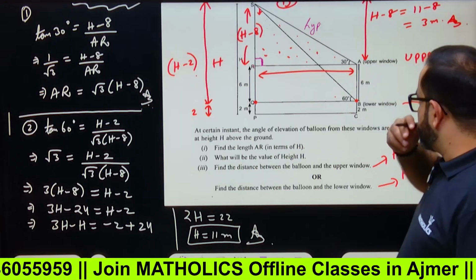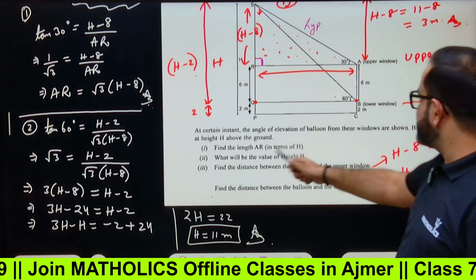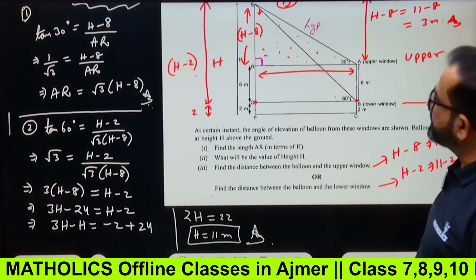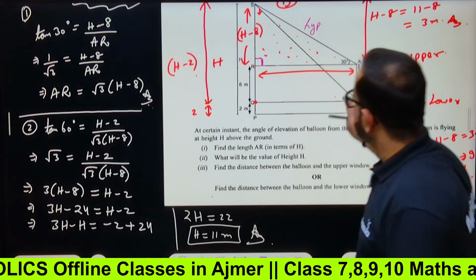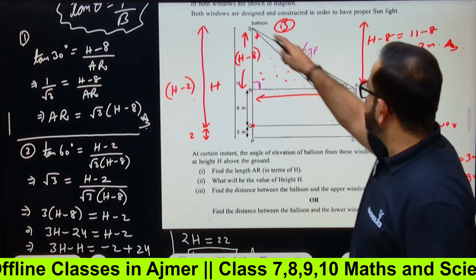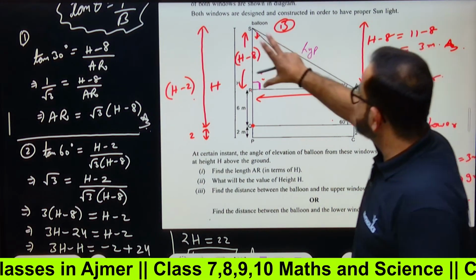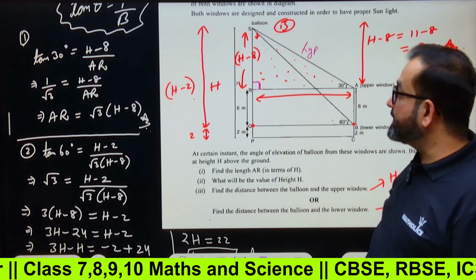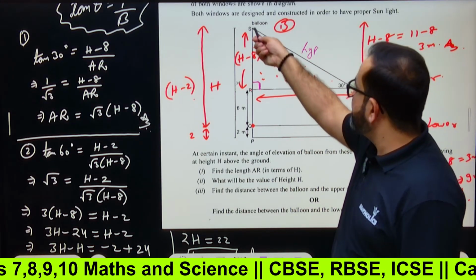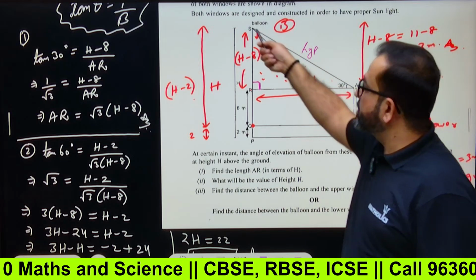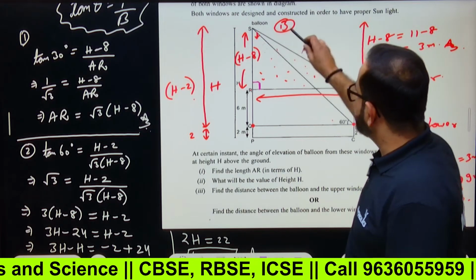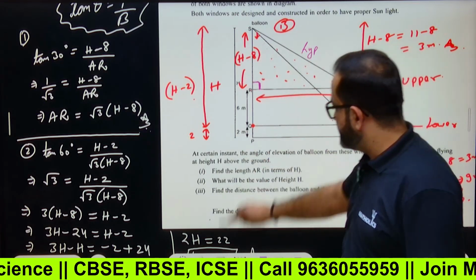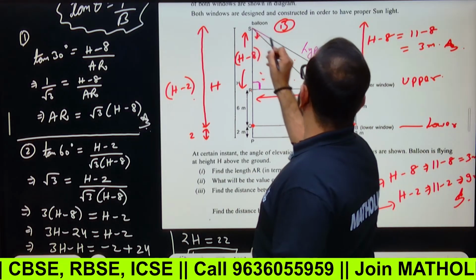Next, find the distance between the balloon and the upper window. This is the balloon, and the upper window is this. So that means you have to find out H minus 8. Got the point? What is the distance between the balloon and the upper window? This hypotenuse you have to find out, this line.